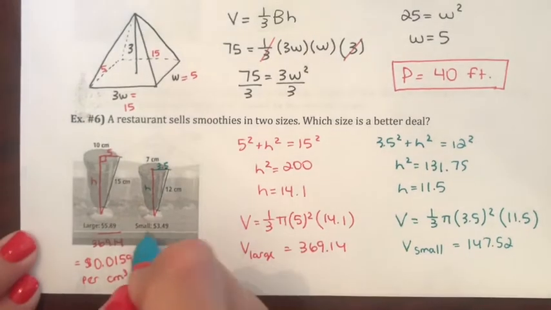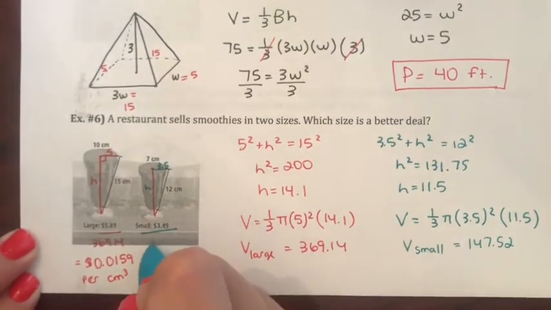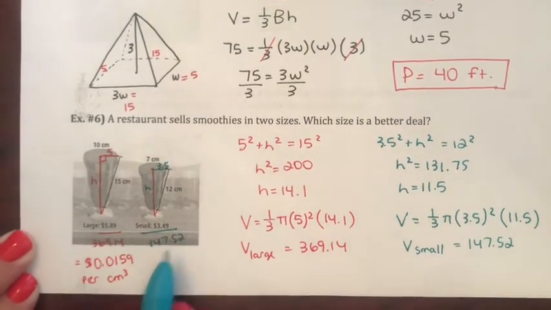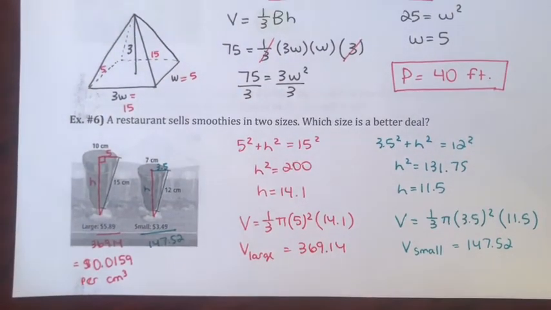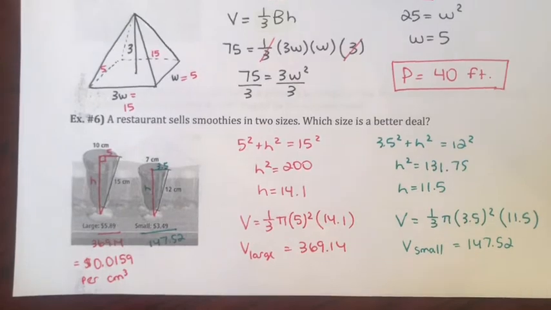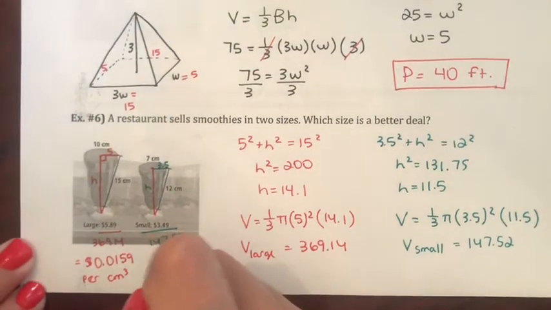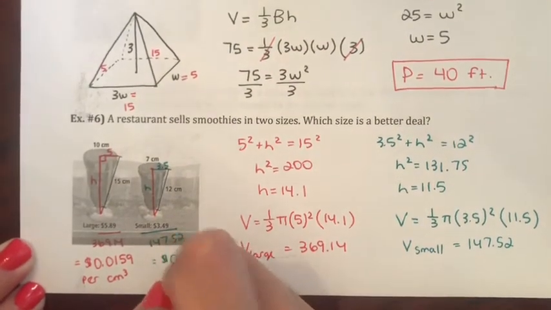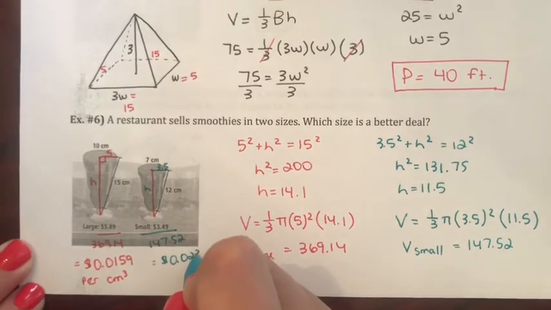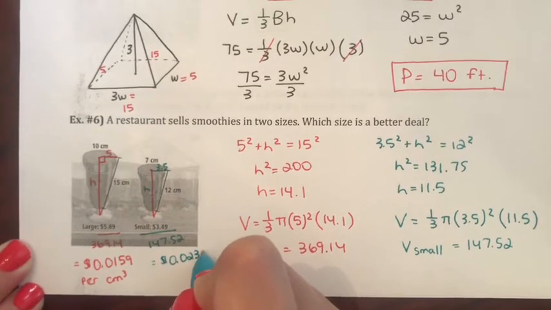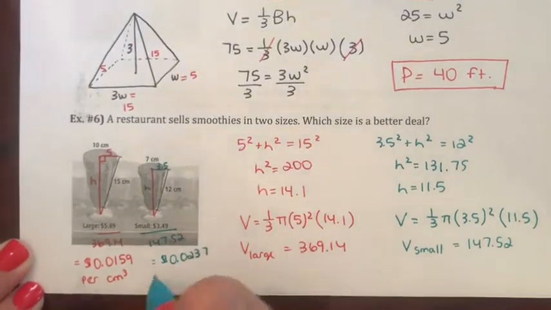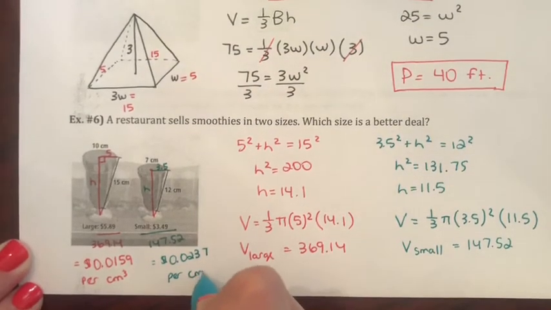Here, we're going to divide the cost by 147. We're going to divide by the volume, 3.49 divided by that volume, and we get 0.0237 per centimeter cubed.